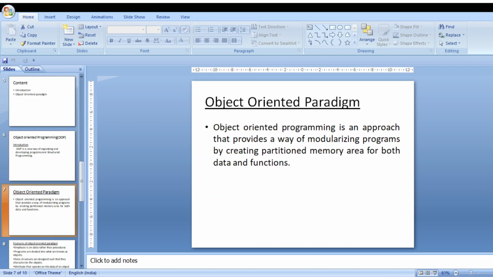Object-oriented paradigm is an approach that provides a way of modularizing programs by creating partitioned memory area for both data and functions. ನಾನು ಆಗಲೇ ಹೇಳಿದಾಗೆ a class consists of both data and functions.